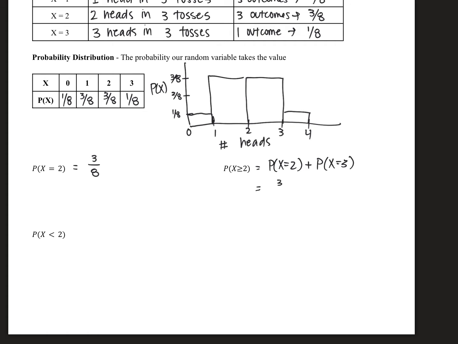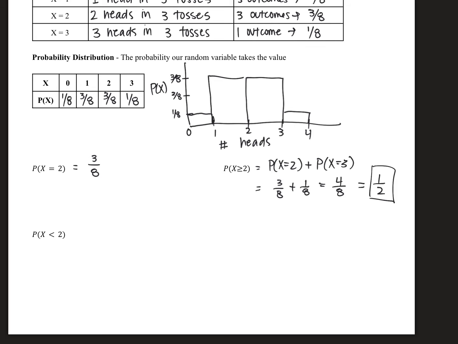So 3 out of 8 plus 1 out of 8 gives us 4/8, which is the same thing as 1/2. So you have a pretty good chance that if you were to flip a coin 3 times in a row, you're going to get 2 or 3 heads.